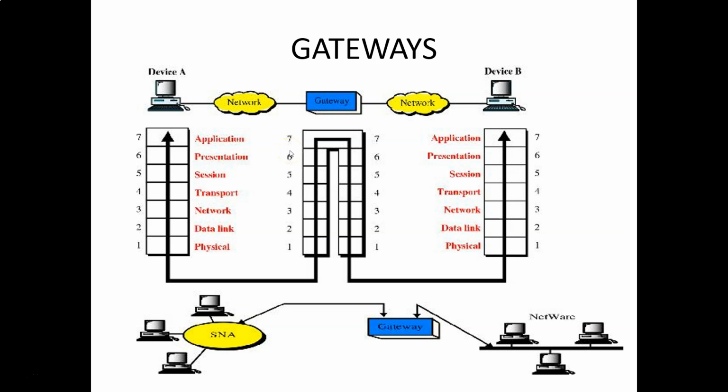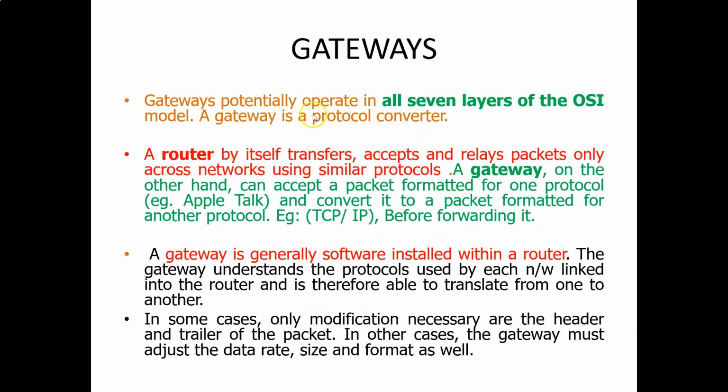Next is the gateway. So what is a gateway? I said it has access to all the 7 layers. If the data that has to be transmitted is of a different format for the receiver, so that it cannot access the data, it will convert the protocol here. That's why it is also called the protocol converter.